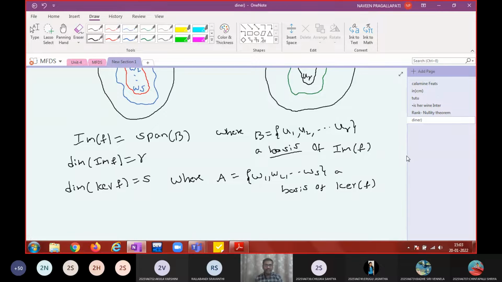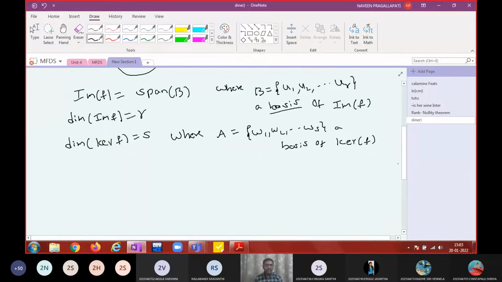So what is my aim now? My aim is to show that n equals rank plus nullity.